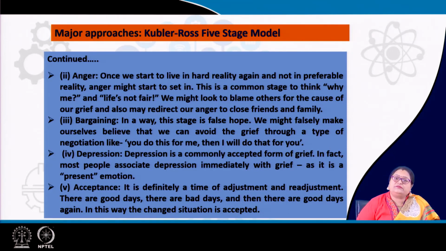Another important stage is depression, a commonly accepted form of grief. Most people associate depression immediately with grief, as it is a present emotion. People go into a depressive state because they do not have a clear idea of what is going to be done in future, what the future is going to look like.